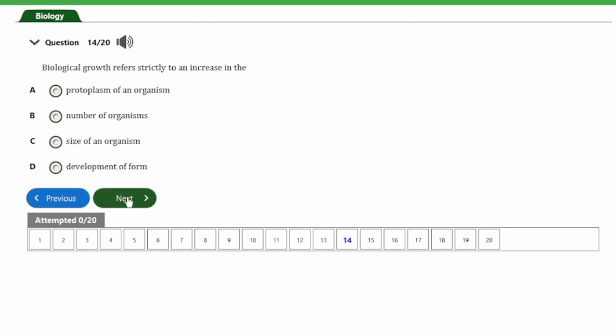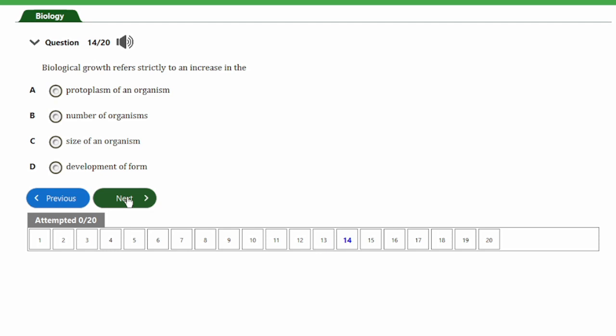It says, biological growth refers strictly to an increase in the A, protoplasm of an organism, B, number of organisms, C, size of an organism, D, development of form. So guys, biological growth actually refers to an increase in the protoplasm of an organism. So the protoplasm is just the living part of the cell that is often referred to as the physical basis of life.